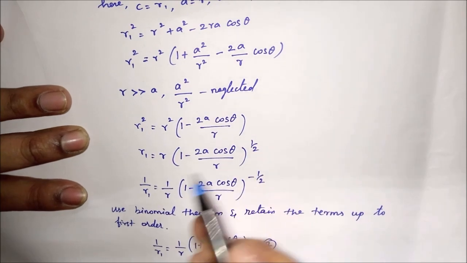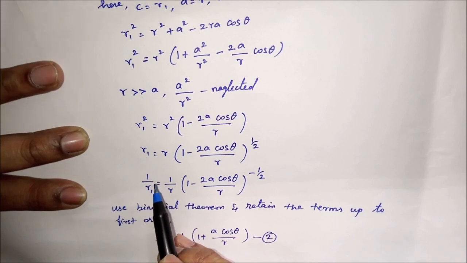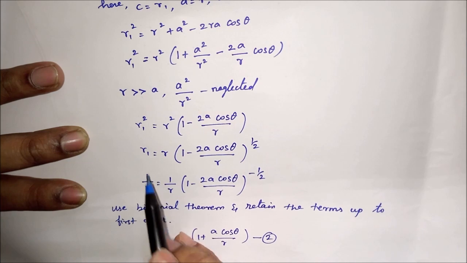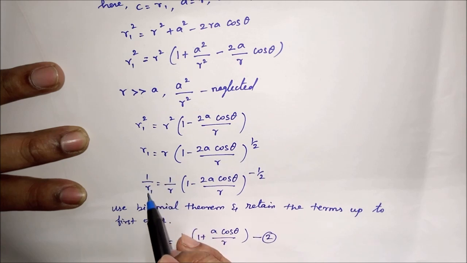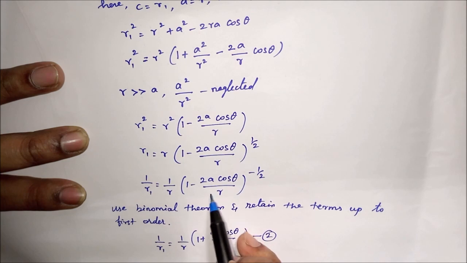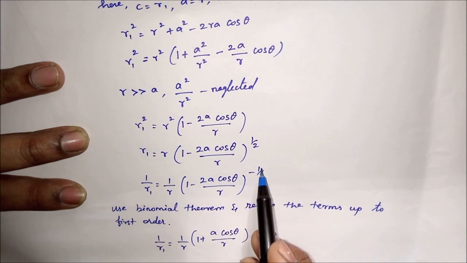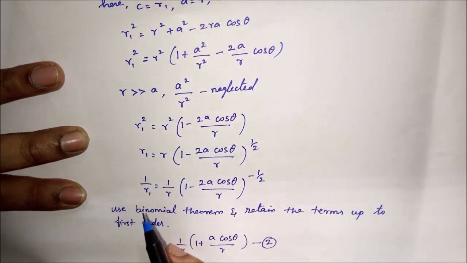Next we take the reciprocal, because we must calculate 1 divided by r1, not r1 alone. So 1 divided by r1 equals 1 by r times 1 minus 2a cos theta divided by r, to the power minus 1 by 2, because of the reciprocal.